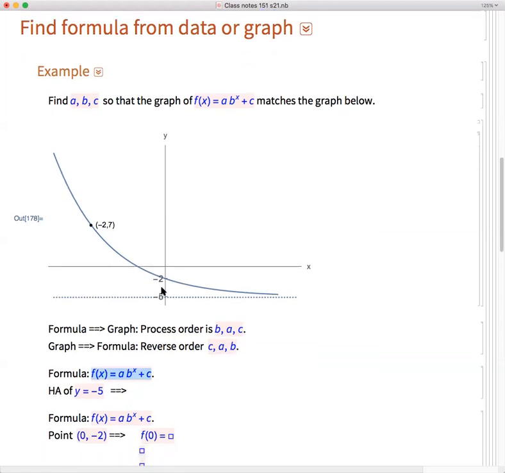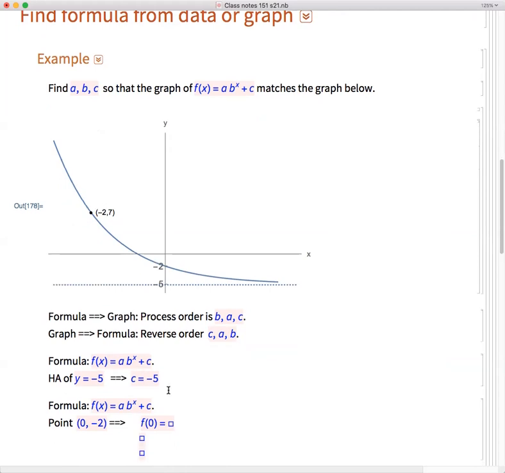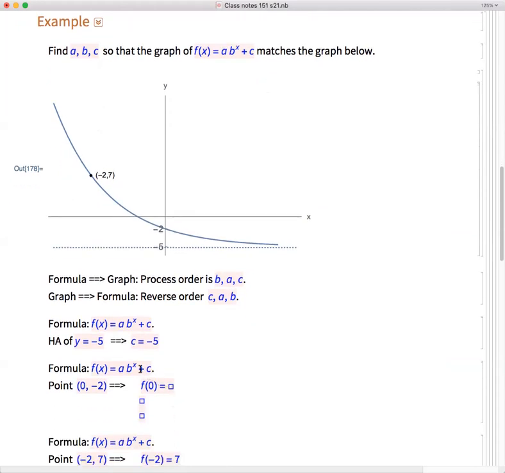The first thing we look at is the horizontal asymptote for this graph, and we see that it's y equals -5. How did we get that -5? Well, it came from the vertical shifting. So that tells us immediately that the c number here is -5. Now we know our formula is a times b to the x minus 5. And now we're going to use the fact that (0, -2) is on the graph.